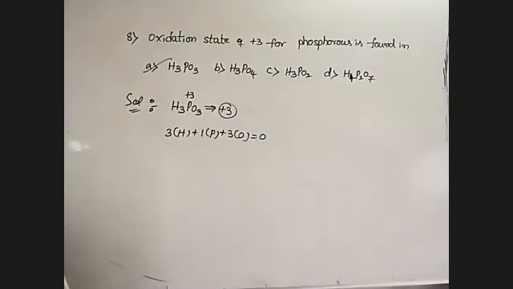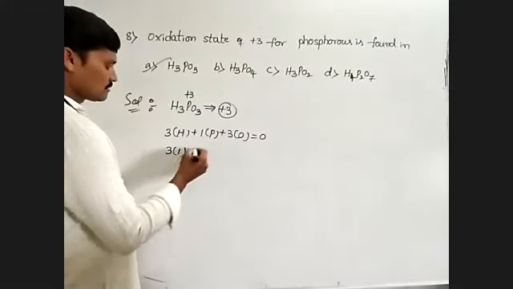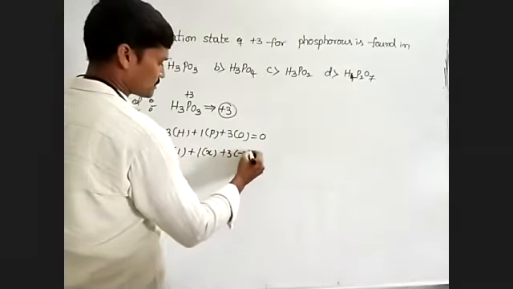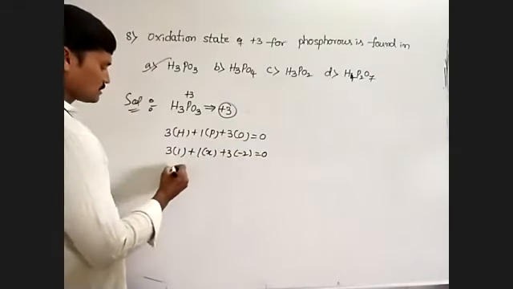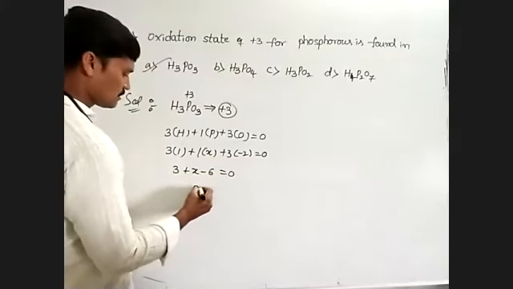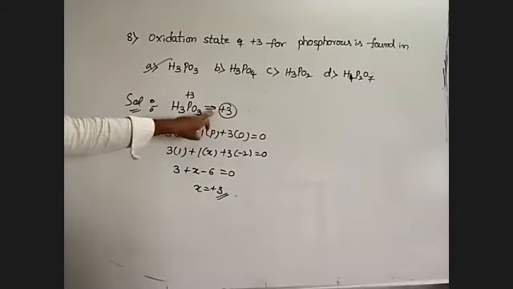That is equal to 0. Hydrogen oxidation state 1. Phosphorus is unknown so X. And 3 into minus 2 equals 0. So 3 plus X minus 6 equal to 0. X is equal to plus 3. Right. So plus 3 is here, H3PO3. Phosphorous acid. Option A is the suitable answer.